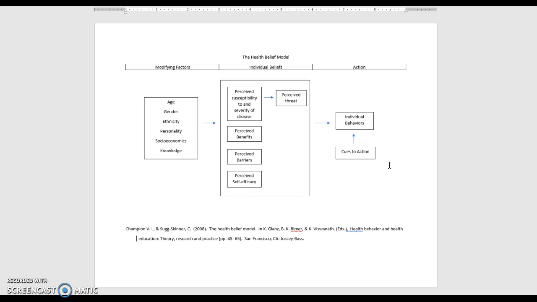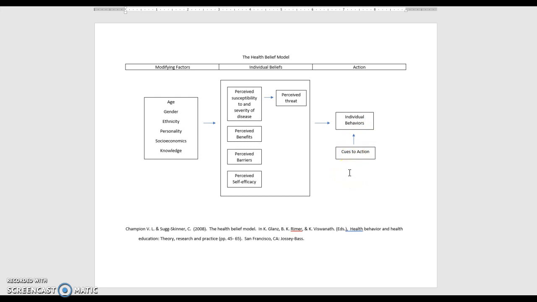There are benefits to stop smoking. You are at risk for developing XYZ or cancer. So that also is a cue to action. So cues to action can certainly be a predictor to whether or not an individual is going to change their behavior. It really depends upon the value that the individual places on that cue.